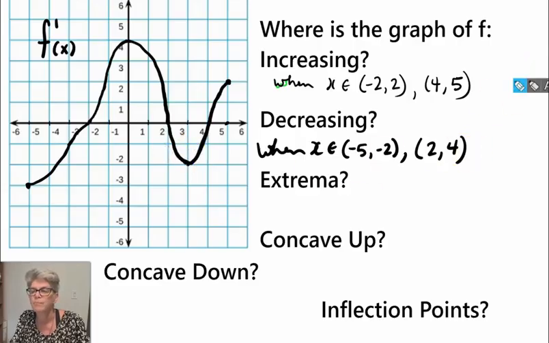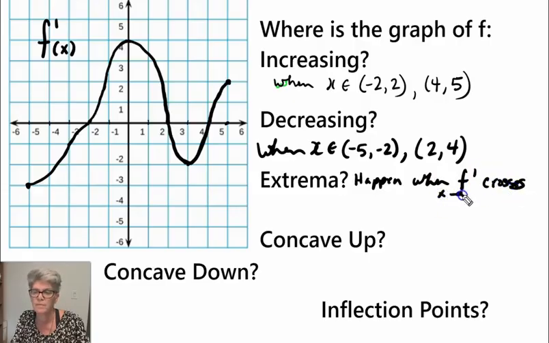Okay, well, local mins and local maximums happen when the graph of f prime crosses the x-axis. And we can see here that it crosses the x-axis at x equals -2, and at x equals 2, and at x equals 4.